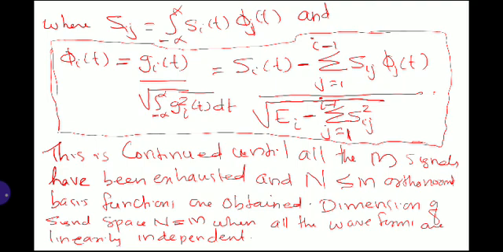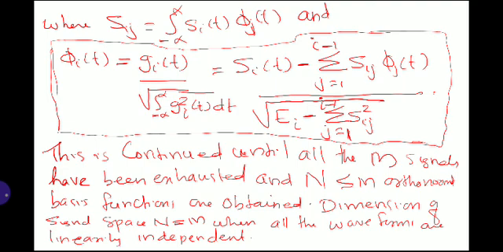If the set contains a signal which is a function of some other signal, we will get a lesser number of basis functions. So ultimately we get capital N, which may be equal to m if all the signals are linearly independent, or if there are dependent signals, we get fewer orthonormal basis functions.